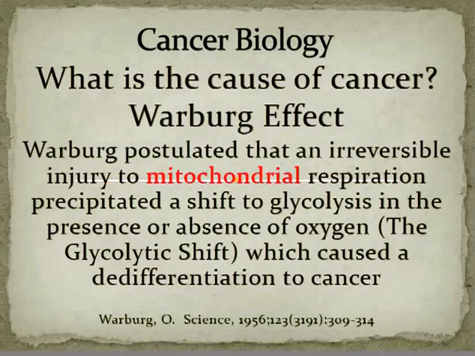Well, as it turns out, Otto Warburg, and this is his article in the 50s, but it started in the 30s, and I believe, who else sent me this article? Our human hyperbaric library, Dr. Philip James. Warburg postulated that, in fact, cancer began, or is, an irreversible injury to the mitochondrial respiration precipitated by a shift to glycolysis in the presence or absence of oxygen, called the glycolytic shift, which caused a de-differentiation to cancer.